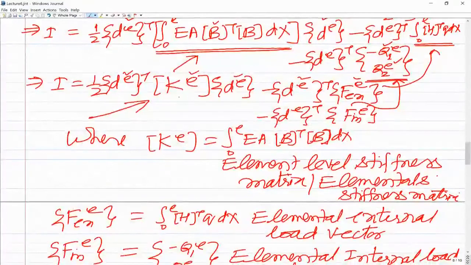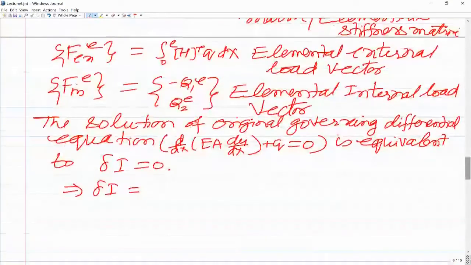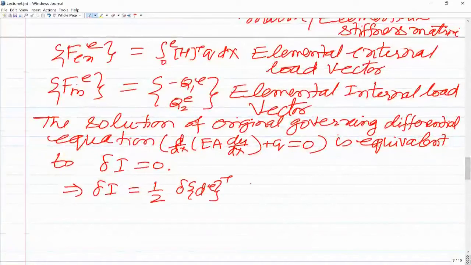Ke is a known quantity, the integral of EA B transpose B dx, so only the unknown is the vector d, and d appears on the left side and also on the right-hand side. So we can use the approach similar to the derivative of a product of two functions. We will have half, and then the variation of the first term, delta of d transpose.